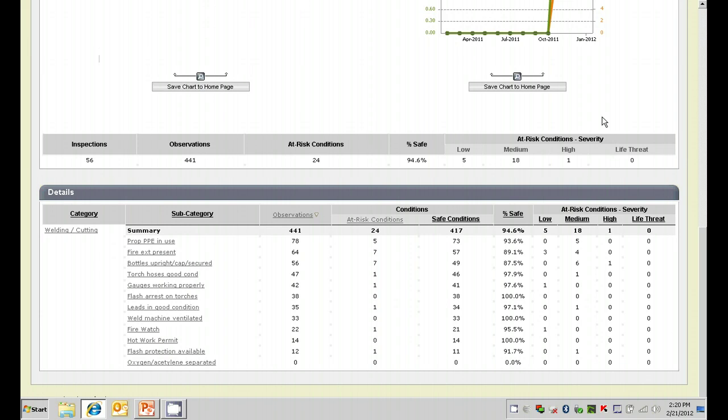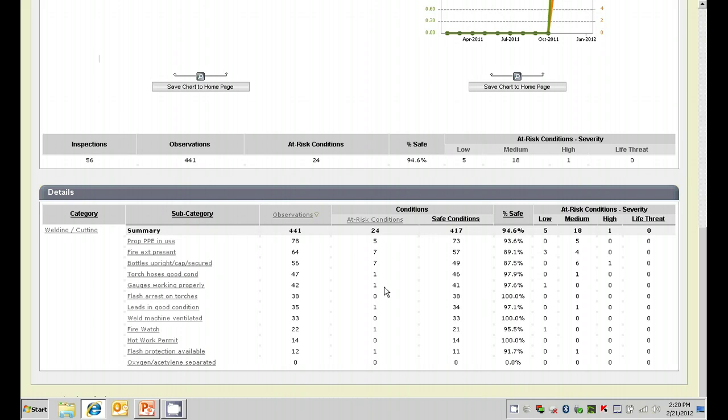So I'm running a summary report in Safety Net. This summary report was specifically only looking at one category, and that is welding and cutting over a given period of time. So we went out and we looked at it during 56 different inspections. 441 observations were gathered.